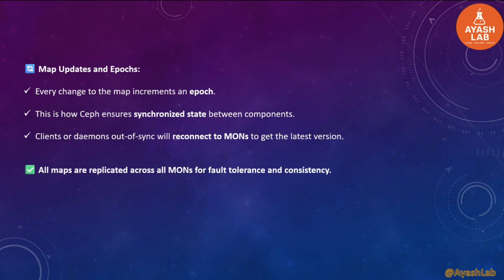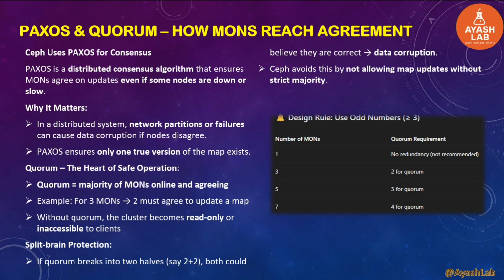So in one line, you can think of these maps like real-time dashboards for every piece of the cluster, and mons are the ones maintaining and distributing them. Okay, so next, let's dive into the next part, that is PAXOS and quorum, and how mons reach agreement.